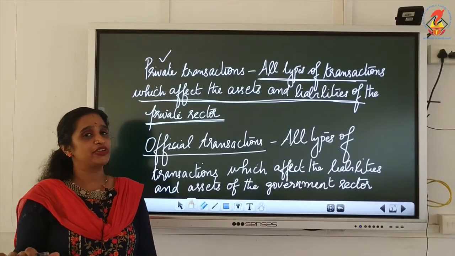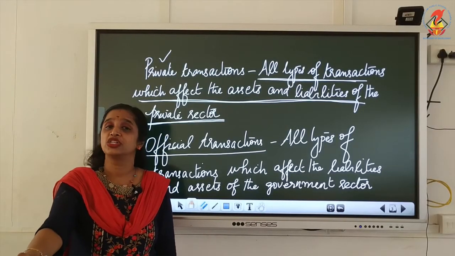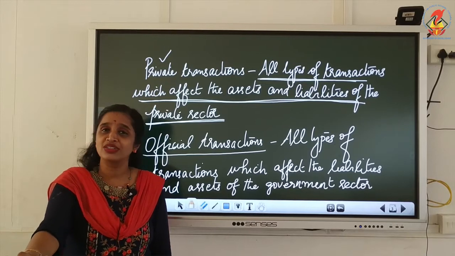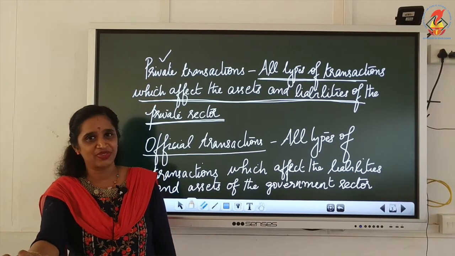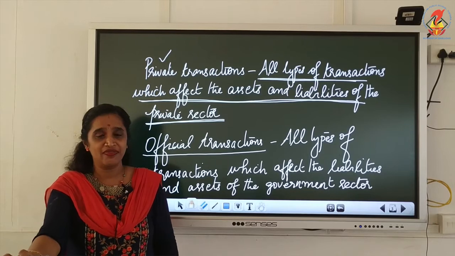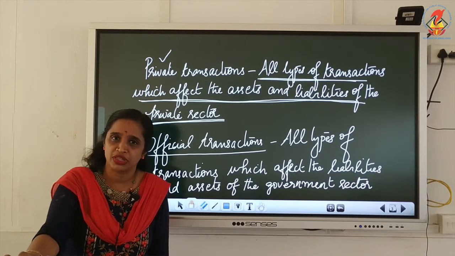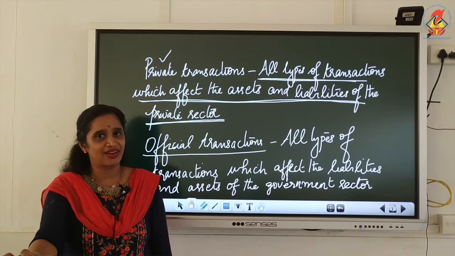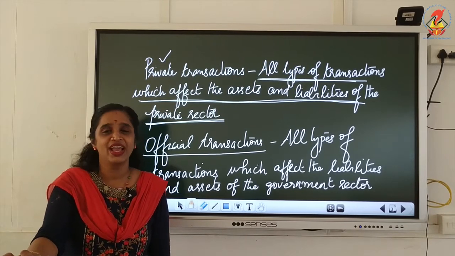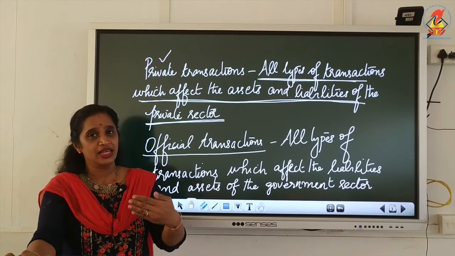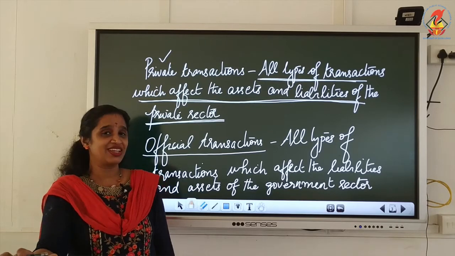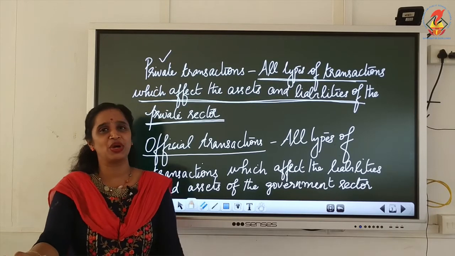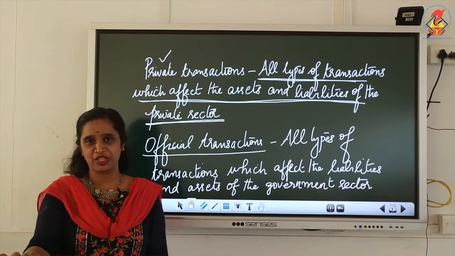Private sector or private organizations can take short-term and long-term loans from outside. When they take the loans, they receive it. It is an asset for them, which can be recorded on the credit side. And when they repay the loans with the rate of interest, money is flowing outside. It is a liability for them.